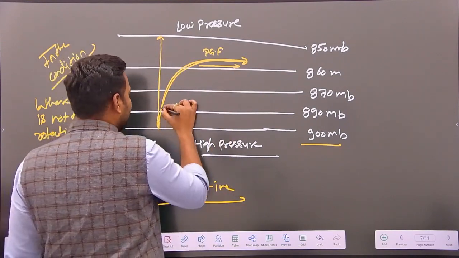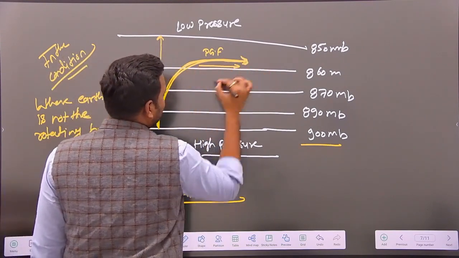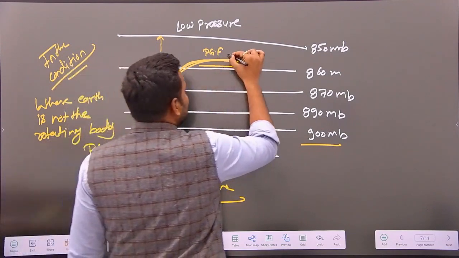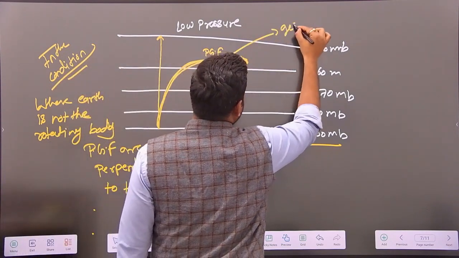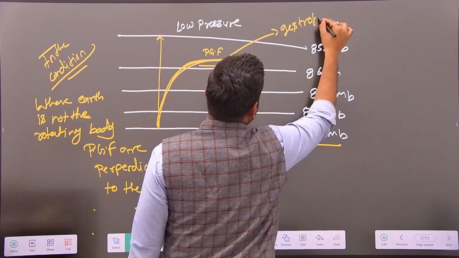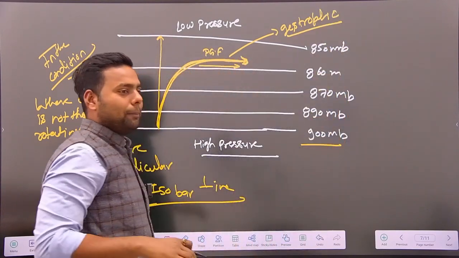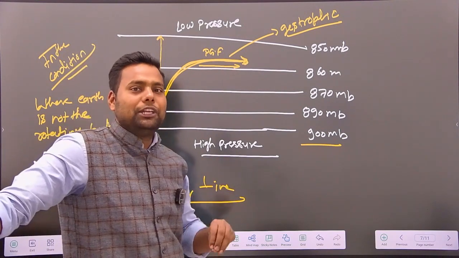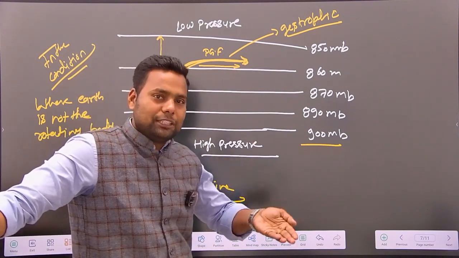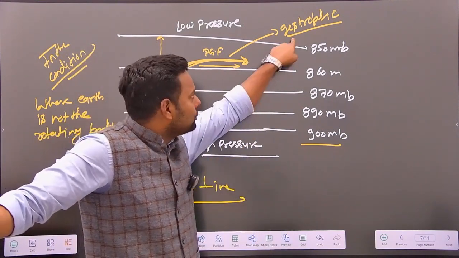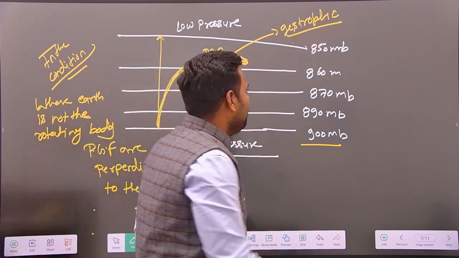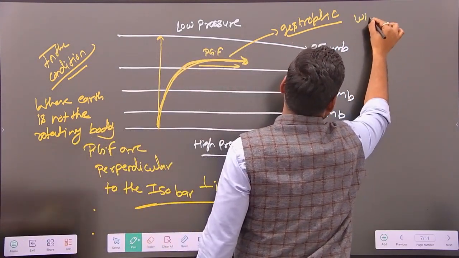This is called the geostrophic wind. When the wind is parallel to the isobar line due to the effect of Coriolis force, that wind is called geostrophic wind. I hope that will clear.